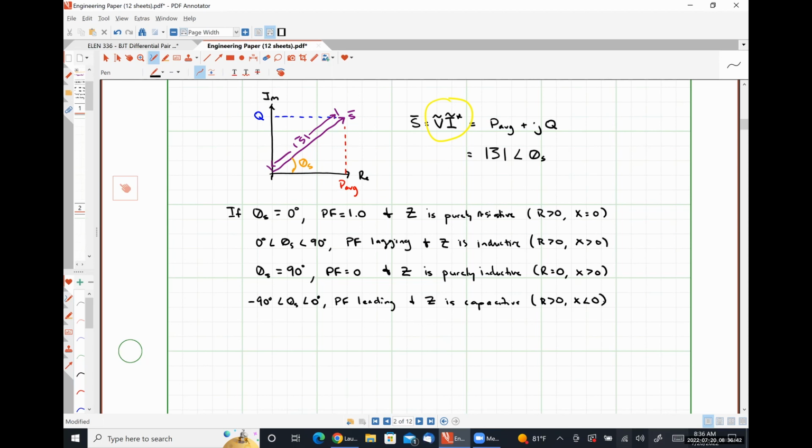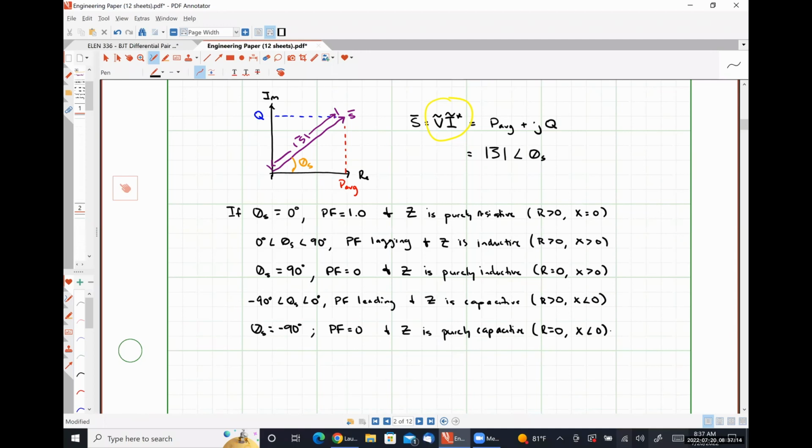And finally, if theta S is equal to negative 90 degrees, our power factor is 0 and Z is purely capacitive. R is equal to 0 and X is less than 0.